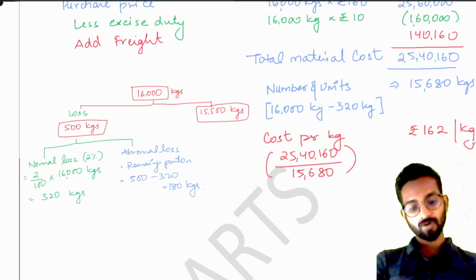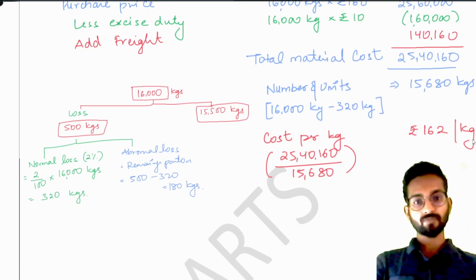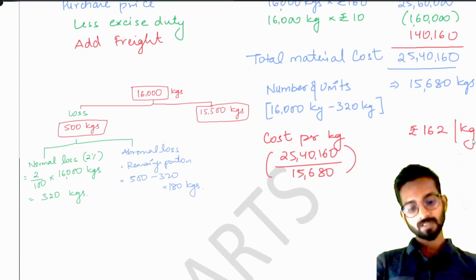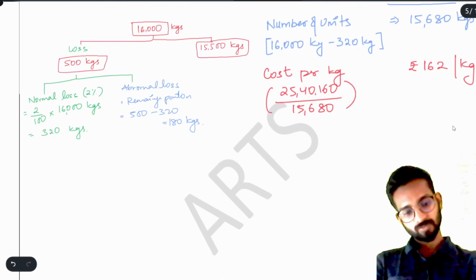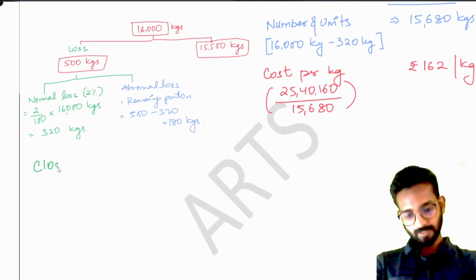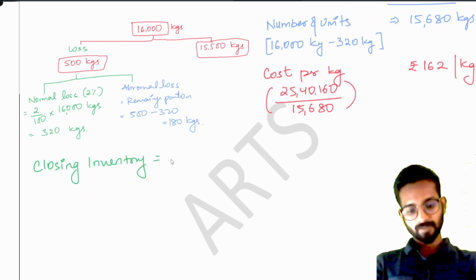Understood? Now, why did we calculate this? After calculating this, it will be useful for us to calculate two things. First is how much is the abnormal loss. Second is how much is my closing inventory. So, closing inventory. How much is closing inventory? I received totally 15,500 kgs.